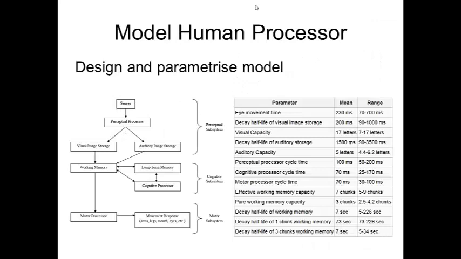And here's a more concrete example of an HCI or model human processor model. I don't propose to be an expert at this in any way whatsoever, but here's your senses. Your senses detect and bring in various types of information. It then gets processed.